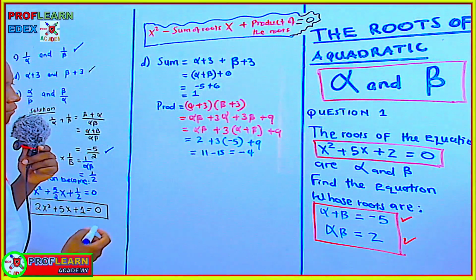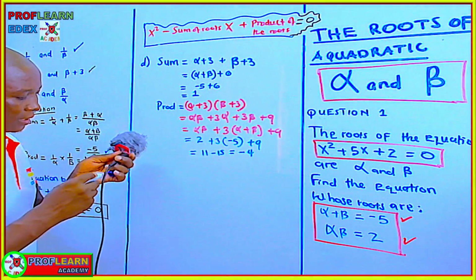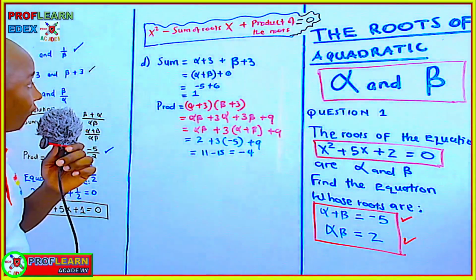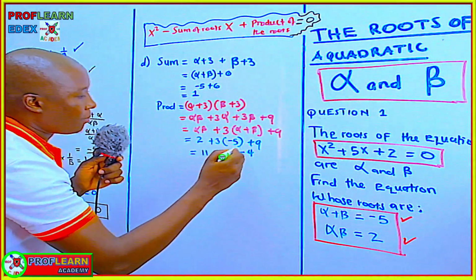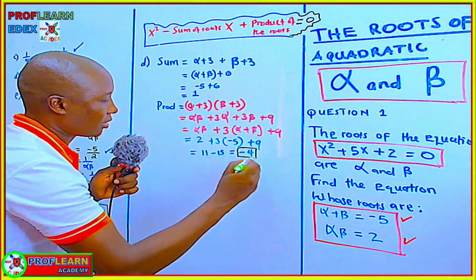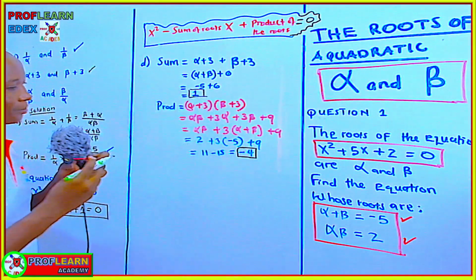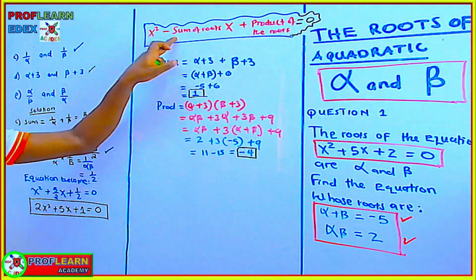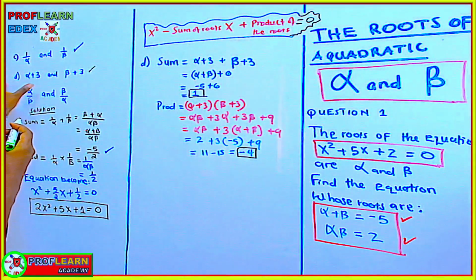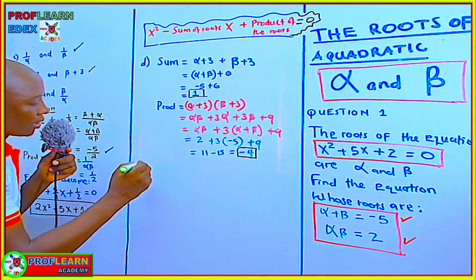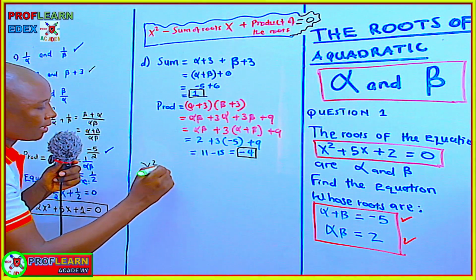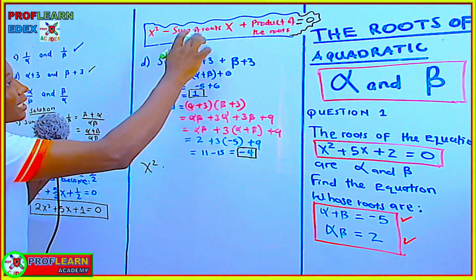So now we have the sum and we have the product, because our product is this and our sum was obtained here, we can write the new equation whose roots are these. That equation can be written as x squared minus the sum of the roots.